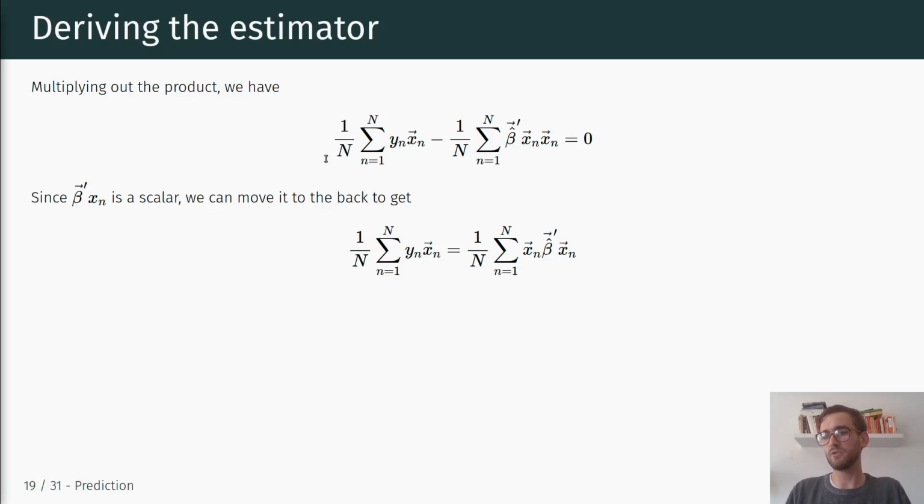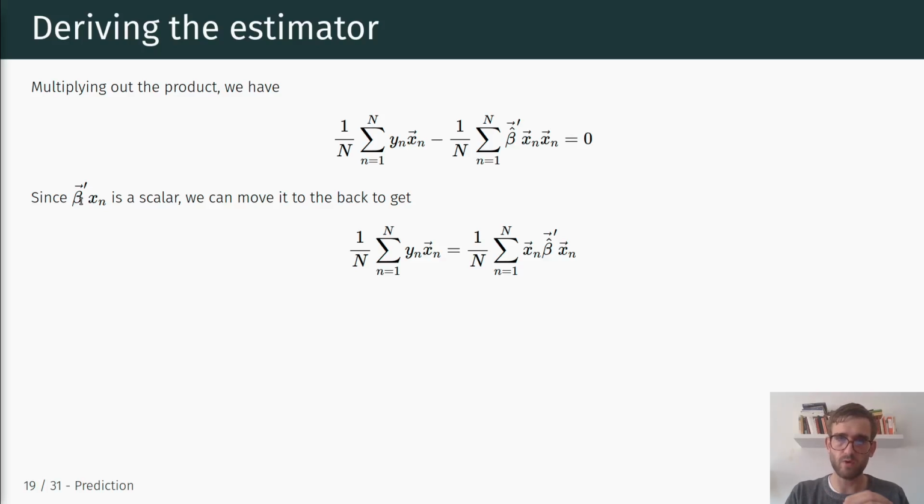In order to use these tricks, you have to recognize here that beta hat prime times x_n is a scalar. Why is this a scalar? Well, beta hat prime is a 1 by k matrix, right?